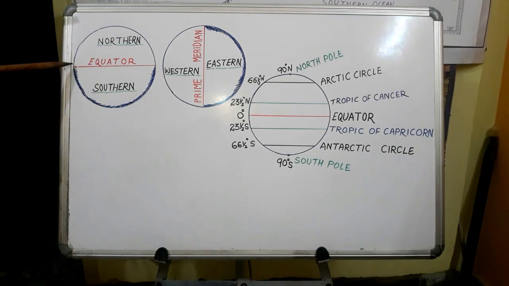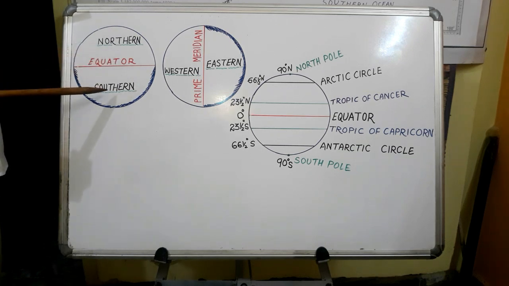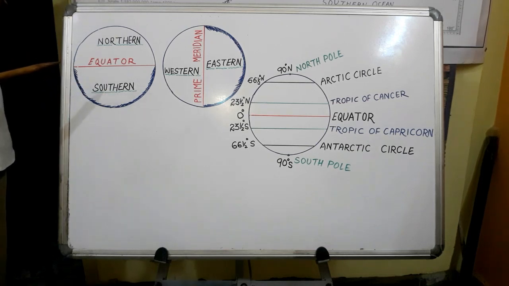This is the globe, and it is divided into two equal halves by the biggest latitude, that is the equator. The equator divides the earth into two equal halves. Each one is a hemisphere: this is called the northern hemisphere, and this is the southern hemisphere.